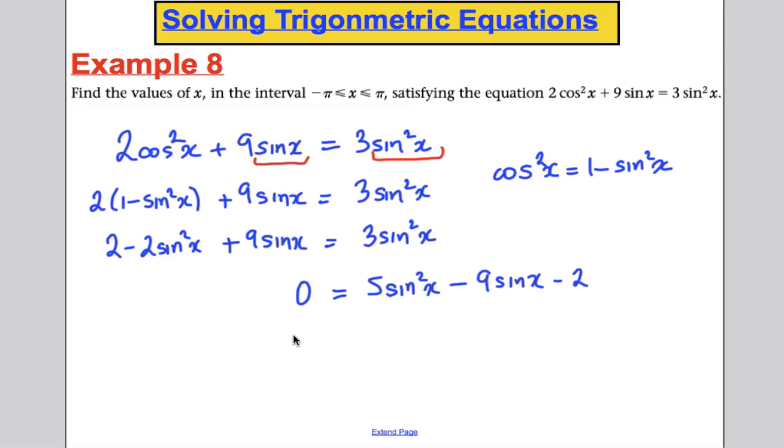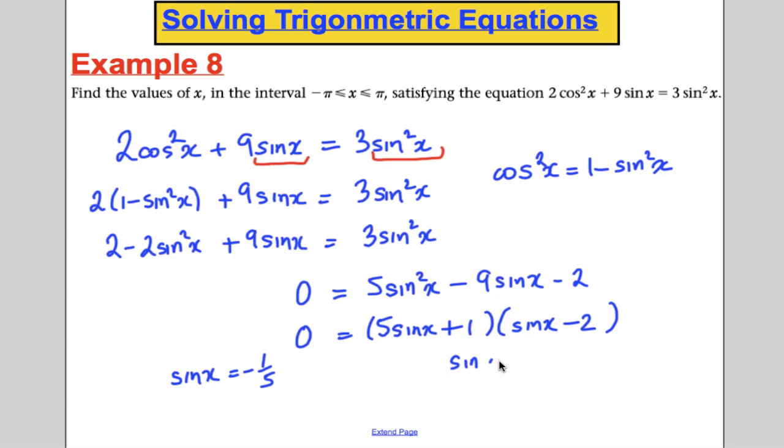It's a quadratic, we'll give it a go at factorising, see if we can do it. It must be (5 sine x + 1)(sine x - 2), and therefore sine x must be minus a fifth, or sine x must be 2.